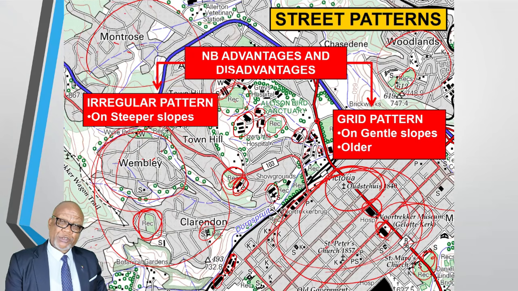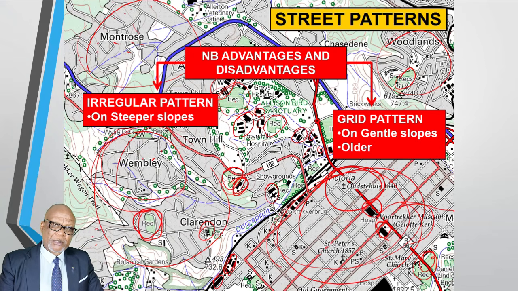So the advantage of this irregular pattern is that it can be on steeper slopes, and it allows building to take place on steeper gradients.